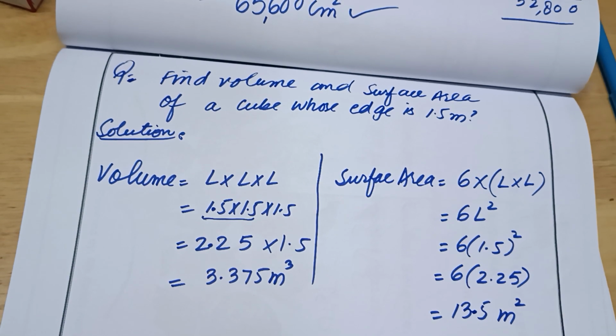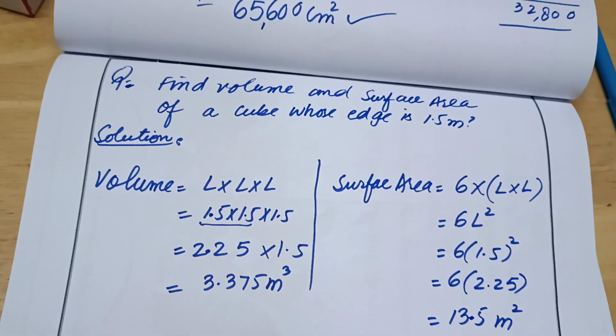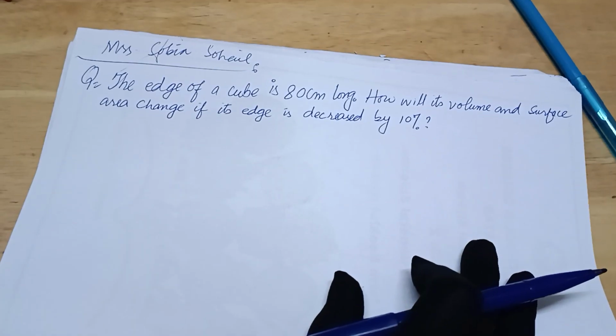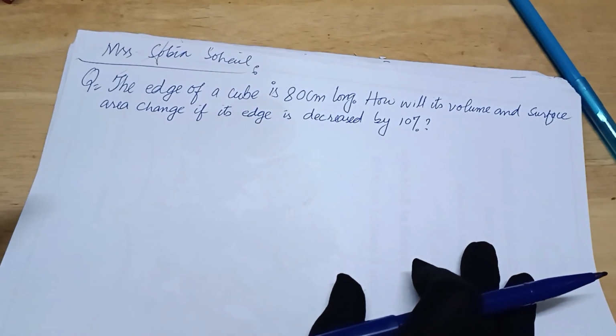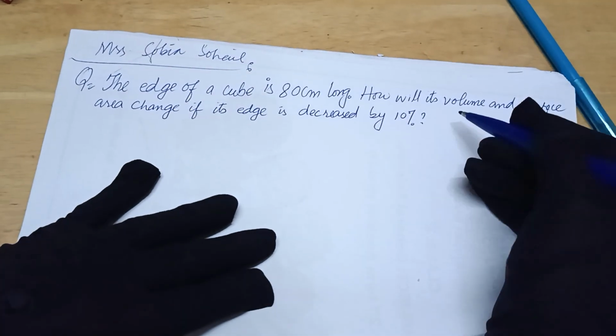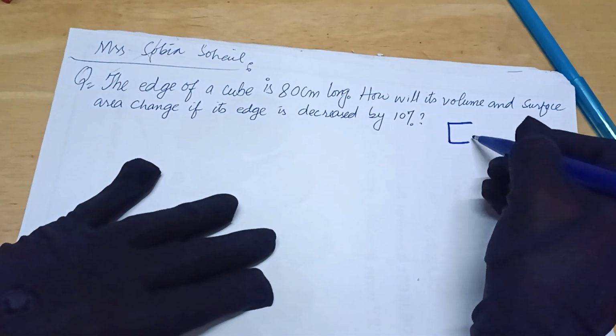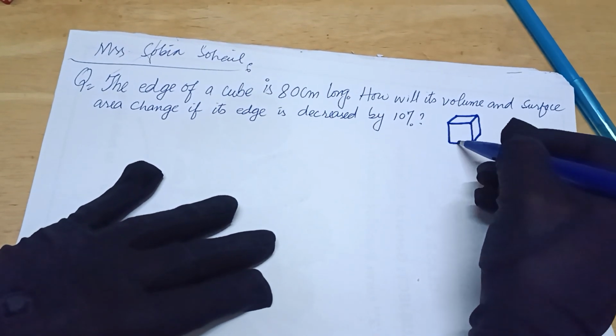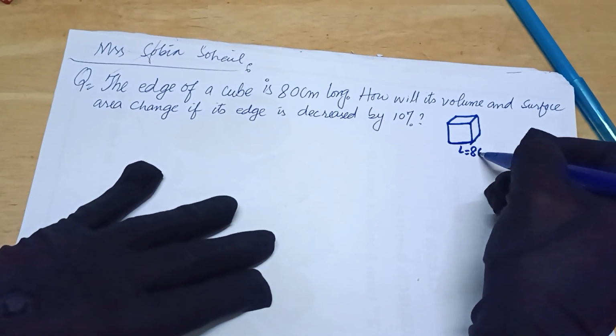Okay, so the next question we will solve in more detail. This question is that the edge of a cube is 80 centimeter long. This is just the shape of a cube, and you can suppose that its length is 80 centimeter.